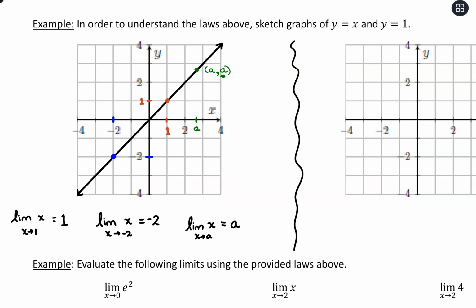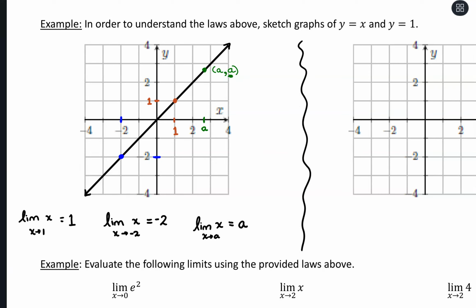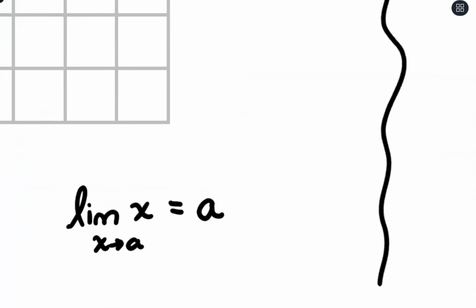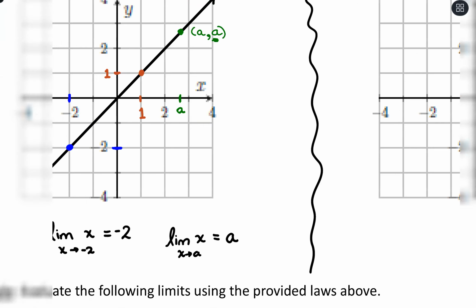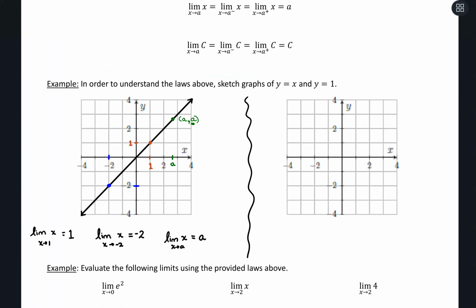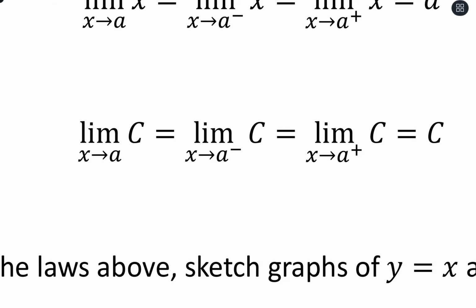What we could start to think of is this replacement: if I have this equation y equals x, it's like I'm plugging in a for x, and in that case, it just leaves me with a. That's something we'll start thinking about with these. Okay, our next one is, what if we have a constant here?